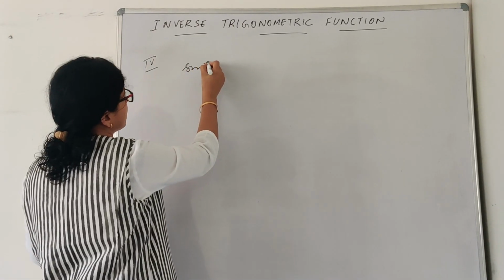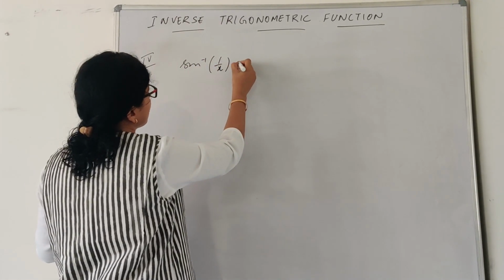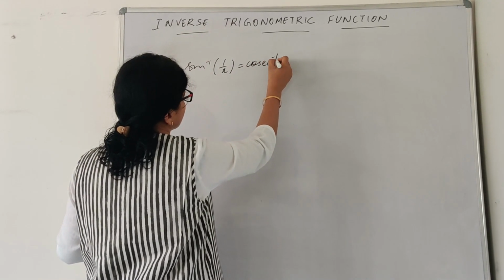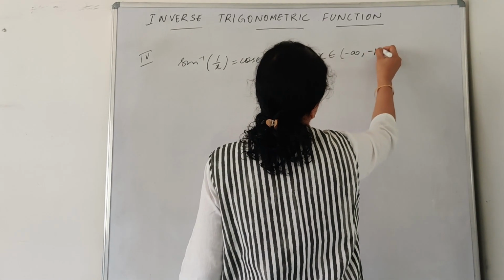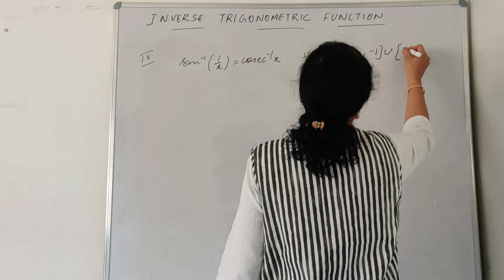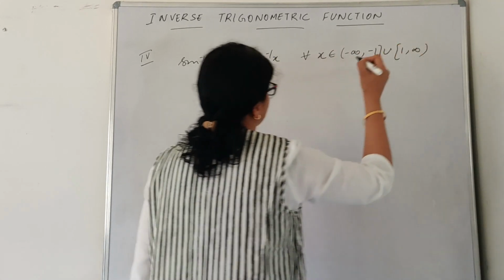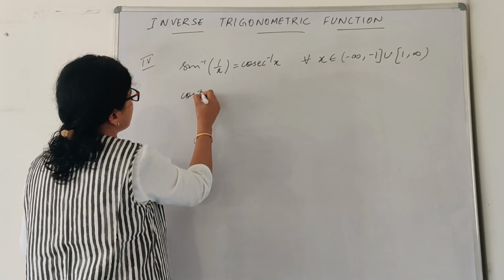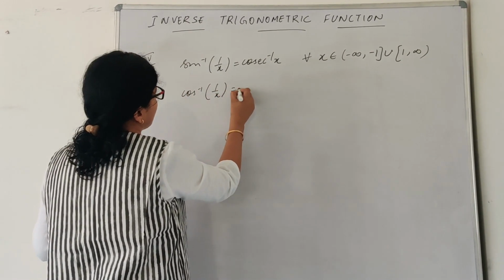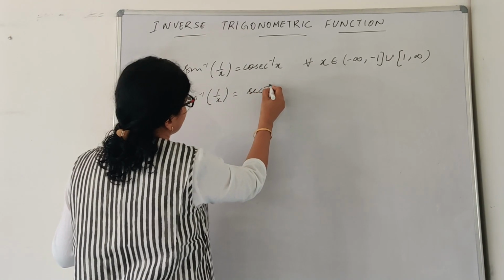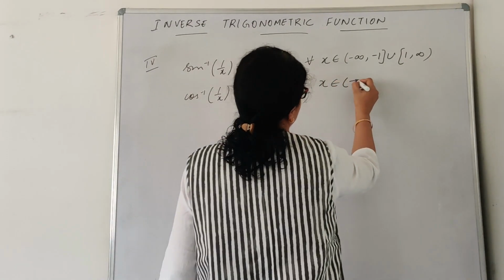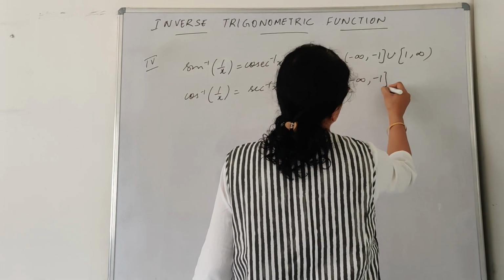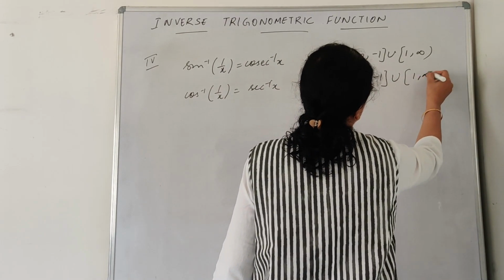It is sine inverse 1 by x is equal to cosec inverse x for all x belongs to (minus infinity, minus 1] union [1, infinity). Again, cos inverse 1 by x equals secant inverse x for all x belongs to (minus infinity, minus 1] union [1, infinity).